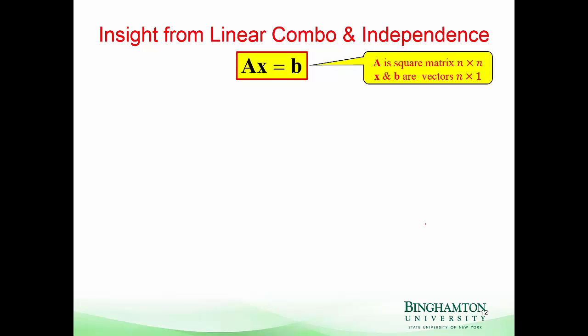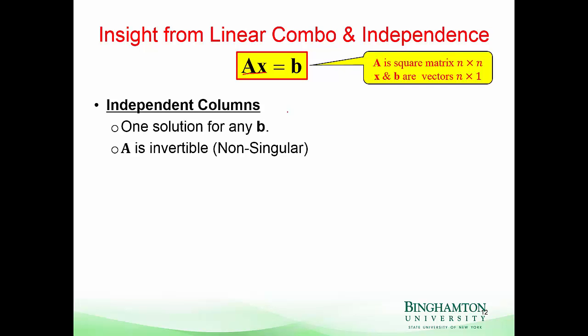All of this insight comes from the concept of independence together with the fact that A times X forms a linear combination of the columns of A. And remember, we used linear combinations in the definition of our concept of independence. That's what links these. So we can summarize like this.